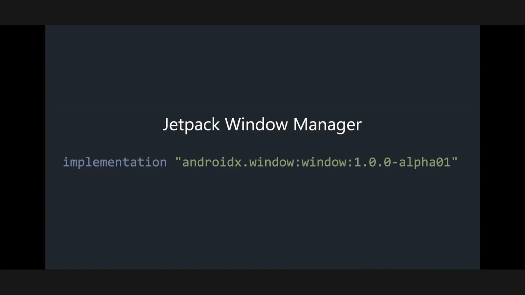Window Manager helps application developers support the new device form factors, especially foldable devices, for this initial release. To use Window Manager, you just need to import the dependency in your build gradle file. As you can see here, currently the version of the Window Manager is Alpha 01, but Google is working on that. The new version will be coming soon.